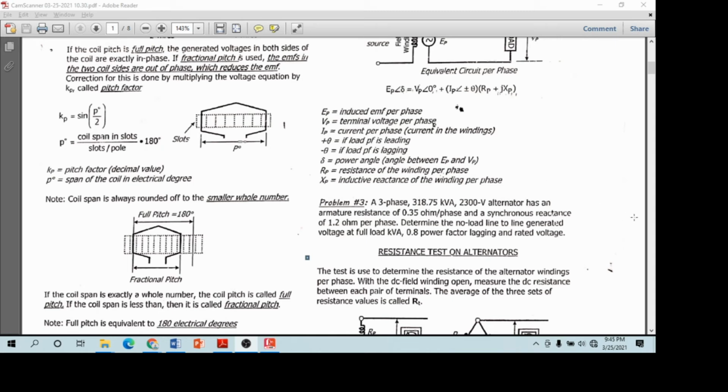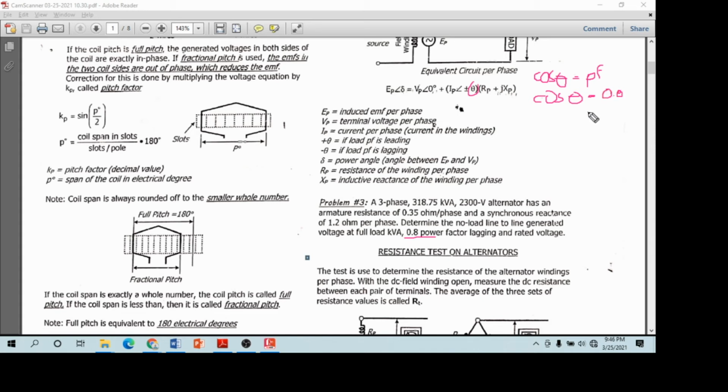Okay, next is substitute. But before that, we are going to solve for the angle theta. So let's remember that cosine theta is equal to PF. Since PF is equal to 0.8, therefore cosine theta is equal to 0.8.